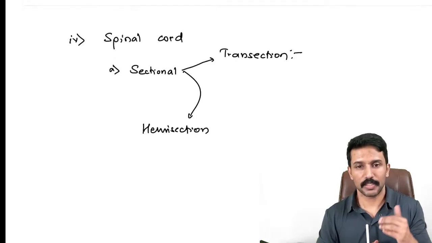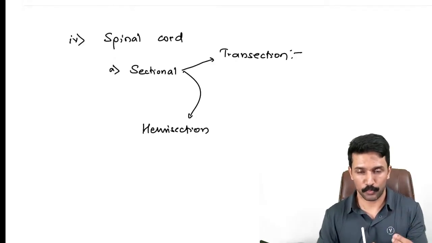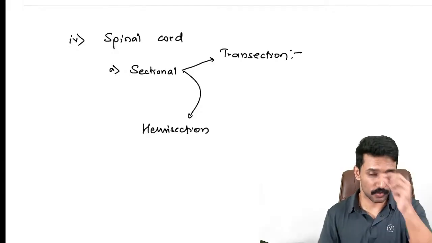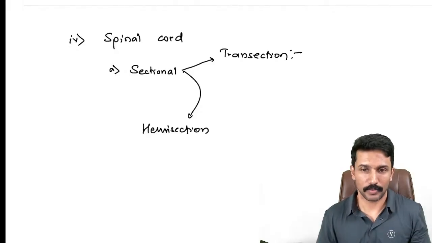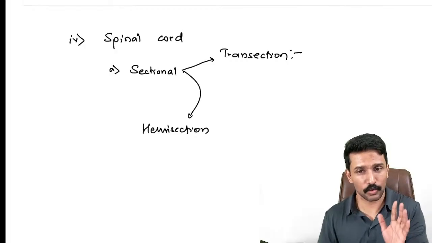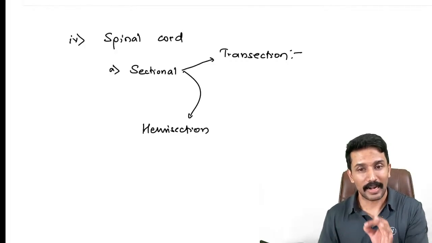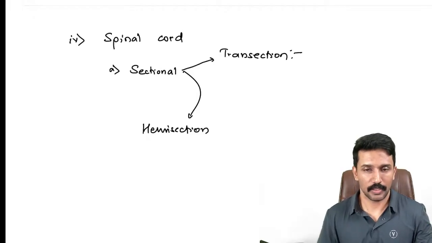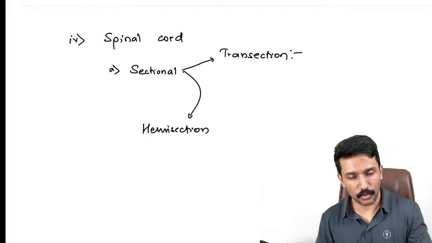The dorsal column, which is carrying fine touch, vibration and proprioception, and the pyramidal tract, which is concerned with motor movement, is crossing at the lower end of the medulla. Only tract that is crossing at the spinal cord is the lateral spinothalamic tract, which is concerned with pain and temperature, right? This is one important anatomy point you need to remember.